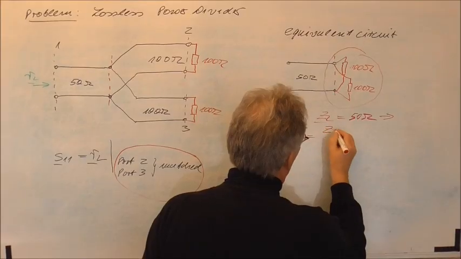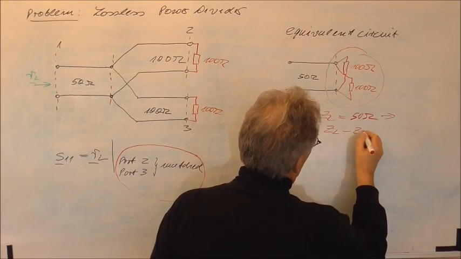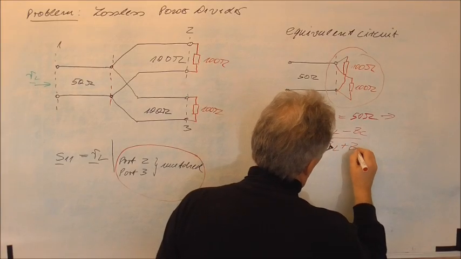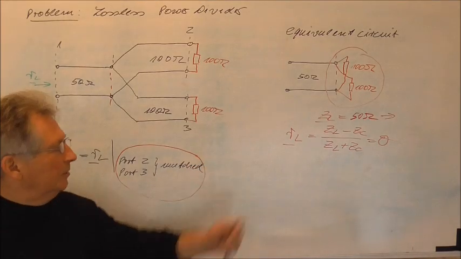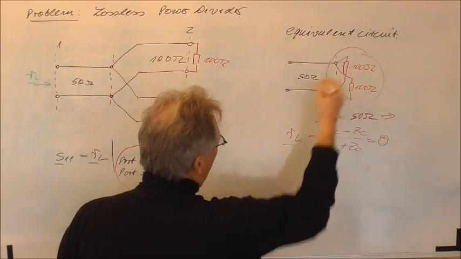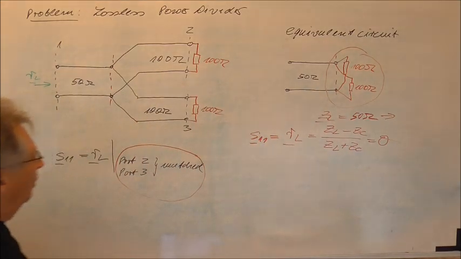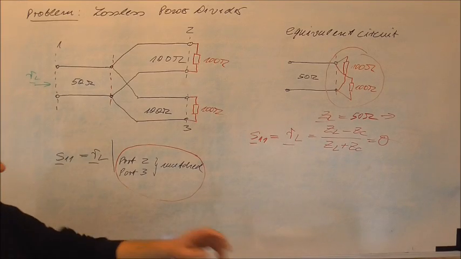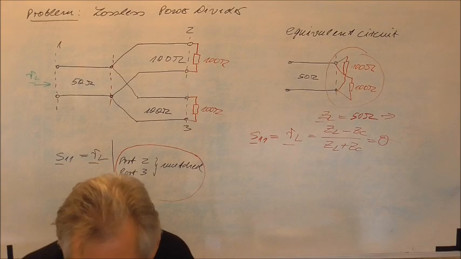It's the load impedance minus ZC over the load impedance plus ZC. And of course this is 0. Yes, 0. We have a load impedance of 50 ohm and a characteristic impedance which is also 50 ohm, so S11 is 0 in our case. Does everybody agree with this? Or are there further questions?